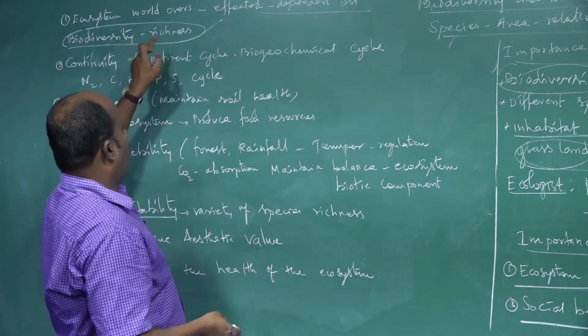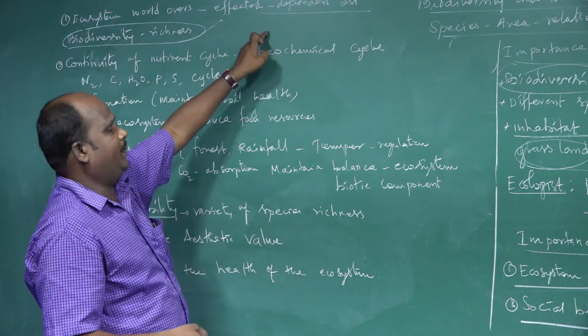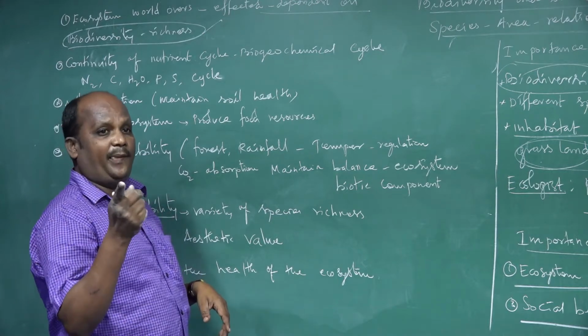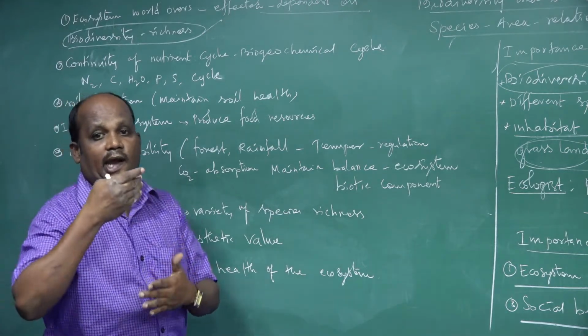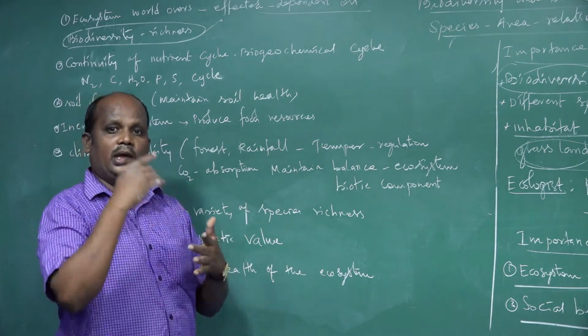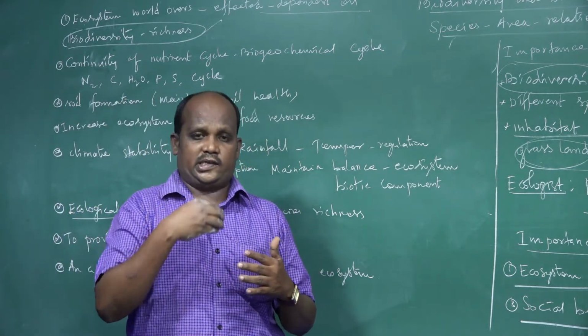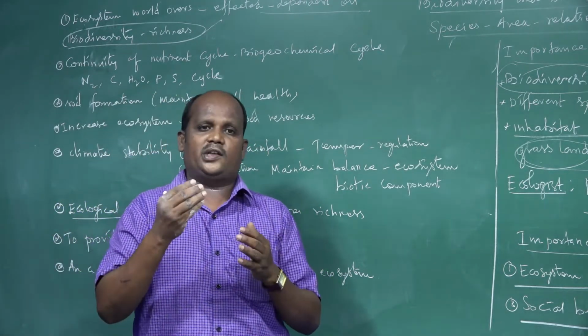The reason: if the animal population and plant population increase, the human population may increase. What will happen? The requirements needed also increase: food is essential, clothing is essential, shelter is essential, many things we need every day.